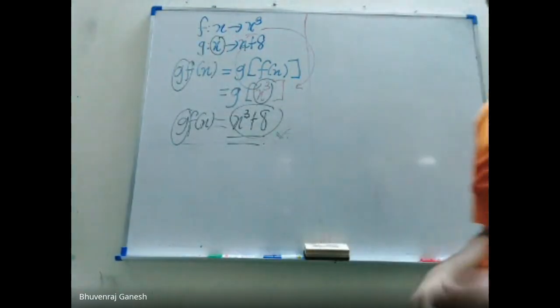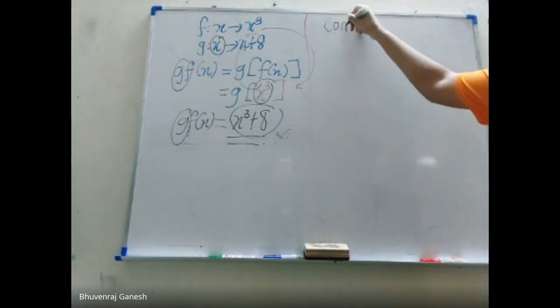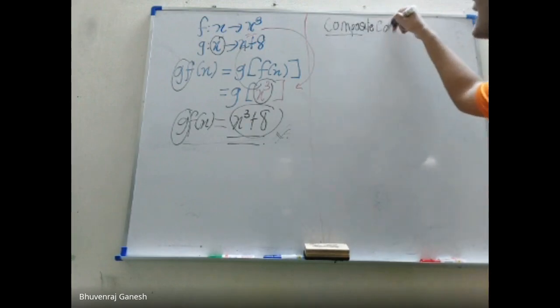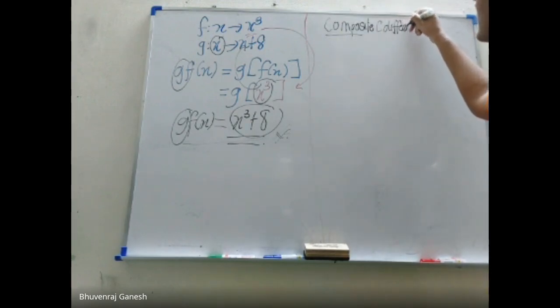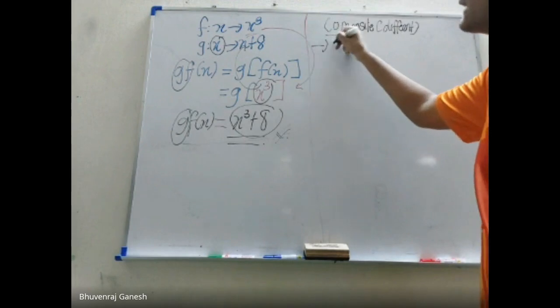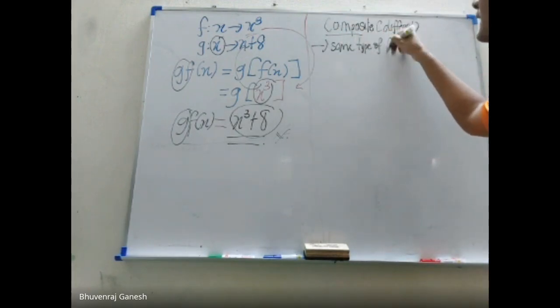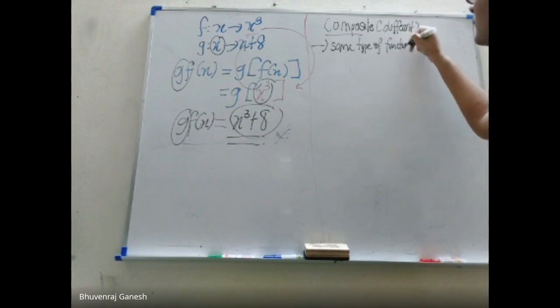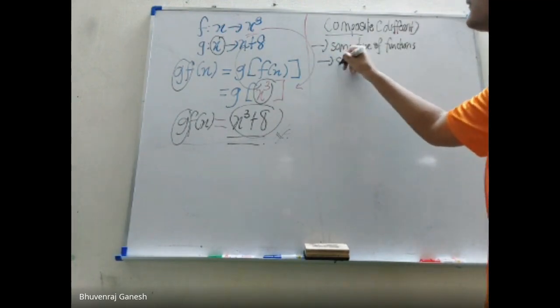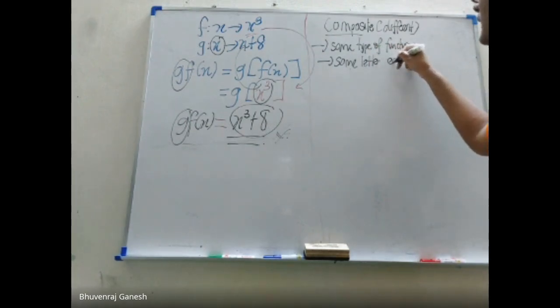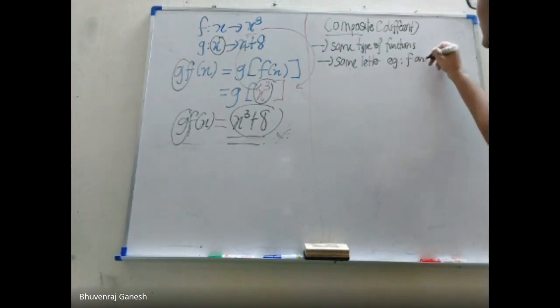But also don't forget, composite doesn't mean I have to refer to different types of functions. It can also mean the same type of functions, which means I'm talking about the same letter. So for example, let's say f and f or g and g.